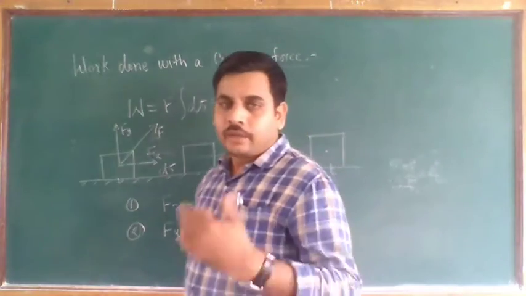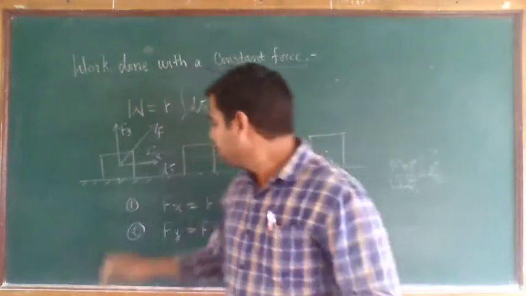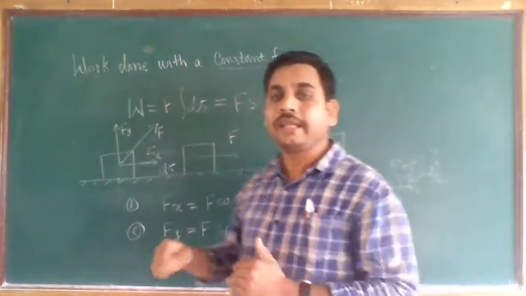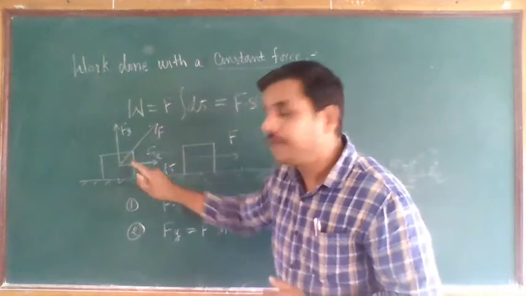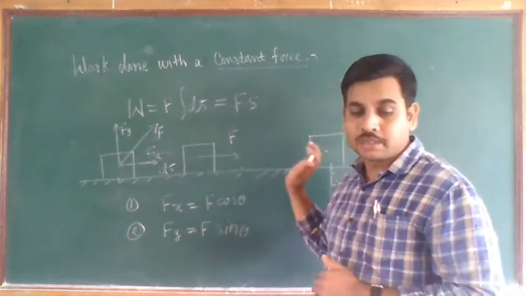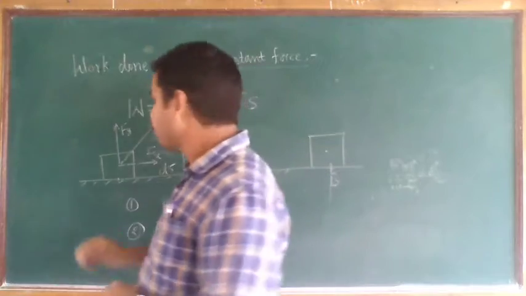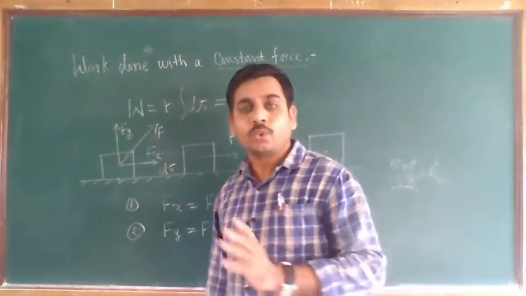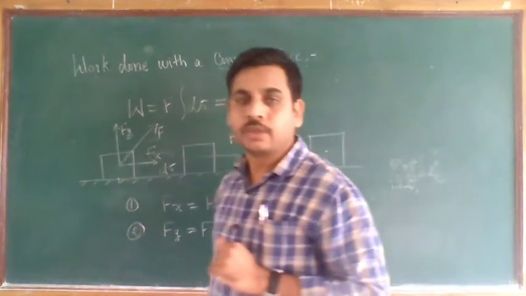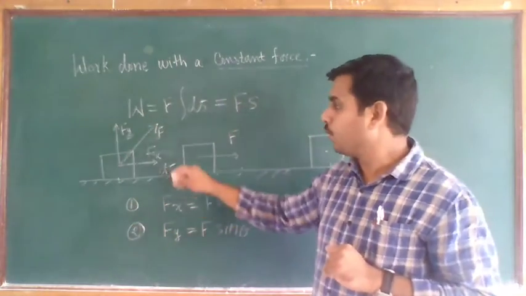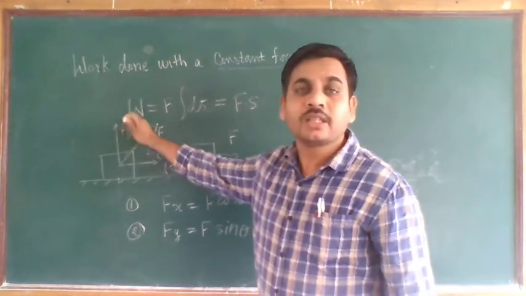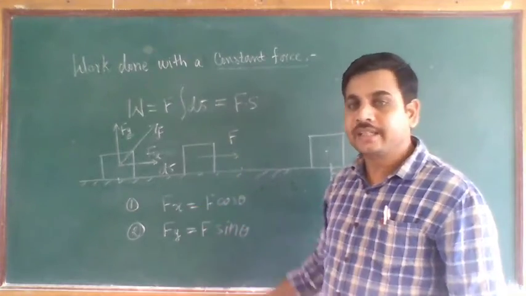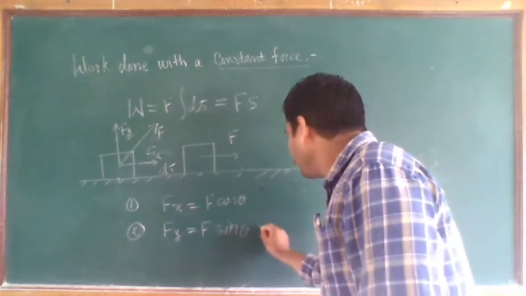Already we discussed this condition: the force applied in a perpendicular direction to the displacement does no work. So f of y does no work in the system, and the body does not move along it. If the force is perpendicular to the displacement, there is no work done.